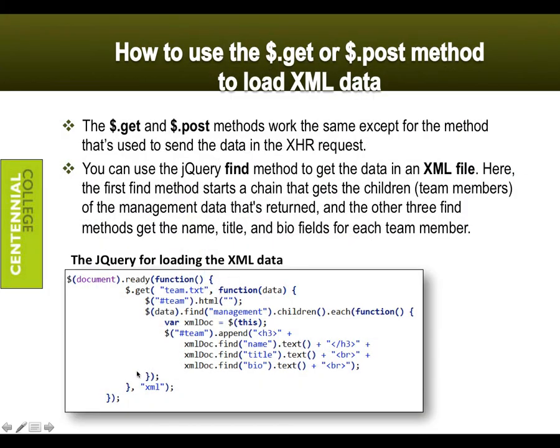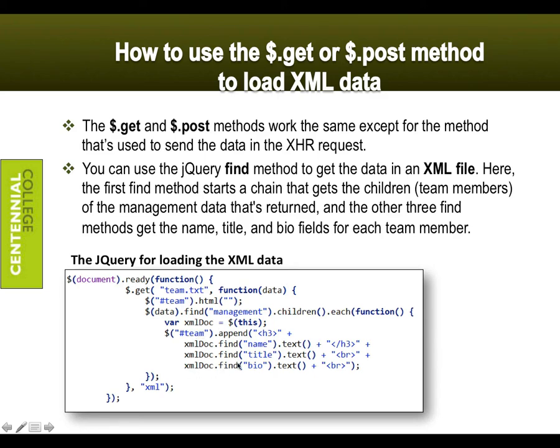This does the same thing, where I use the .get method to read in the text file, whatever that is, in my function. I can create my anonymous function in here, passing in the data variable, the data that comes in from my files, and I can access the data and assign it to each of these XML.